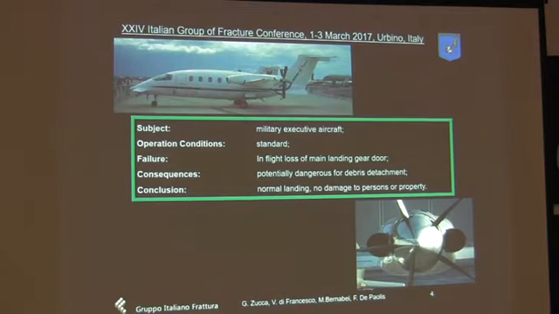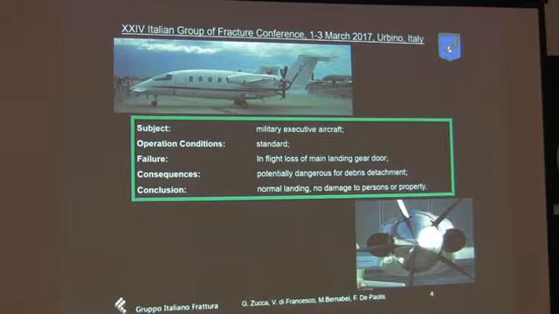What happened is that a military executive aircraft, military just because it's property of the Air Force but otherwise a normal executive aircraft, during a standard flight experienced the loss of the landing gear door. Fortunately, the flight was over the sea, so there was no damage to property or persons.